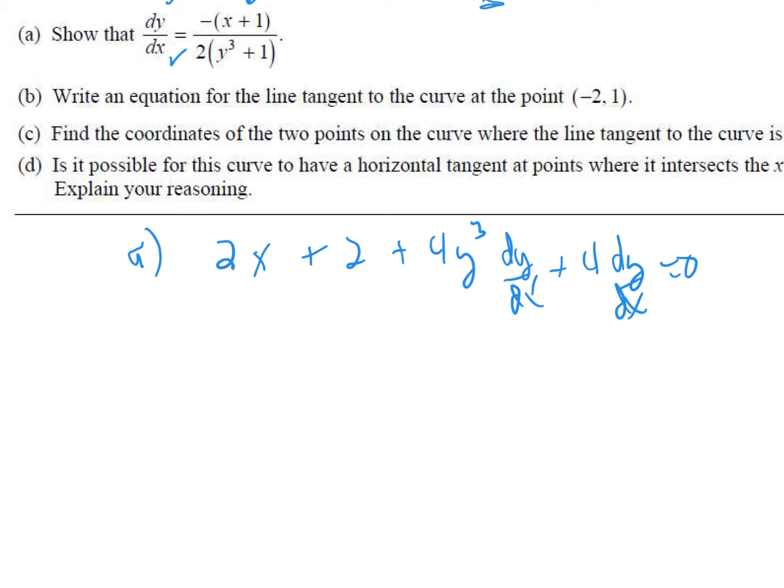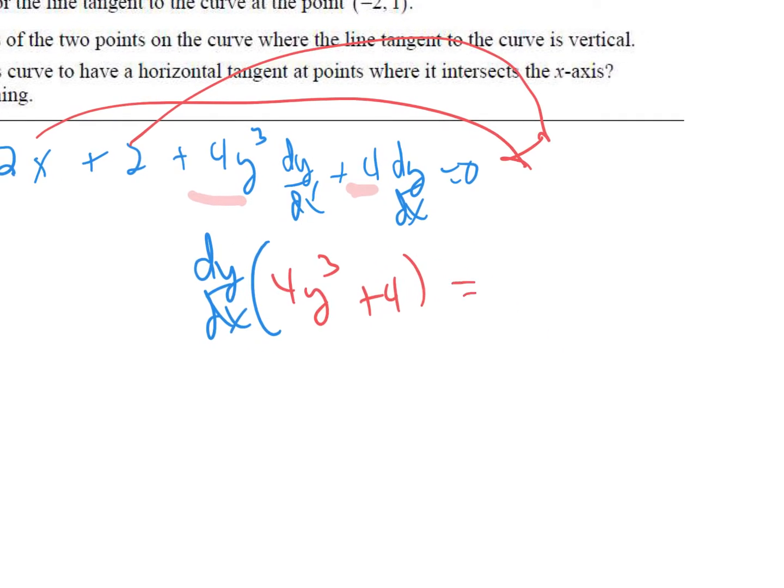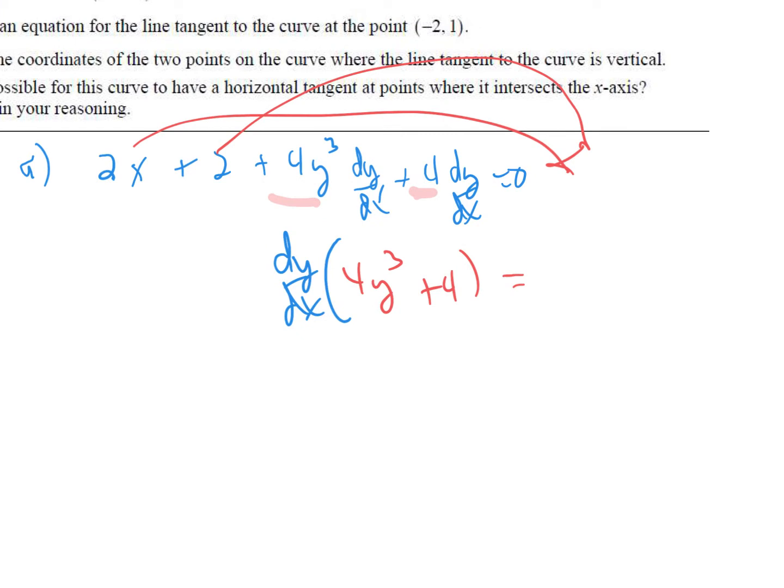I'm going to factor the dy/dx out of those terms, which leaves 4y cubed plus 4. And these two terms I'm just going to move to the other side, because they're not helping me with the derivative on the left side. So that becomes negative 2x minus 2.